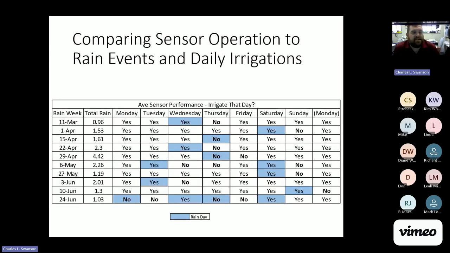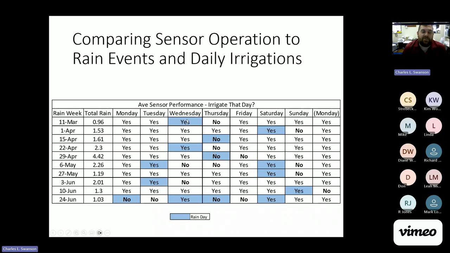And so when we looked at their schedules and when they irrigated versus when it rained, we could go back and see, okay, how often did the rain sensor turn off the controller to where it did not irrigate at a scheduled event? Okay. And sometimes this is just kind of bad luck. You can see here, when it's blue, that's a rain day.